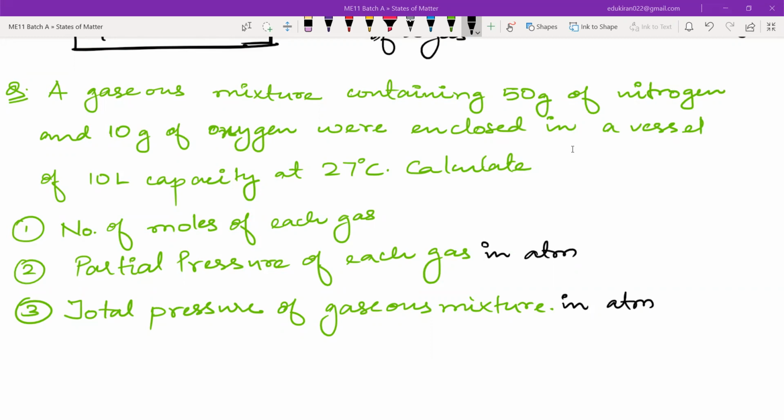It's fine for oxygen, but N2 is not right. And Irfan, it is correct for N2 and O2 both. You can carry on with further calculation.